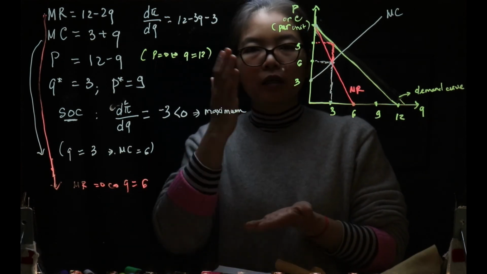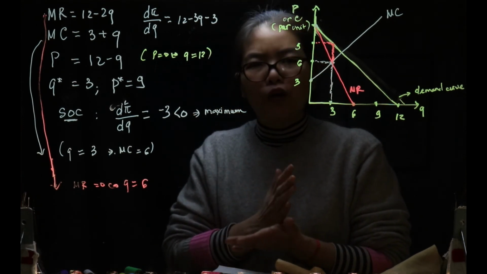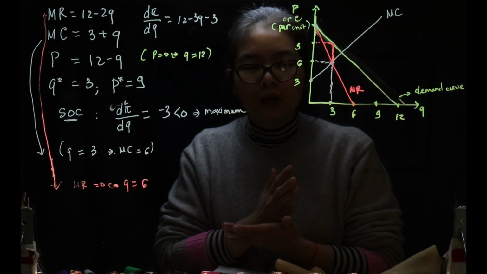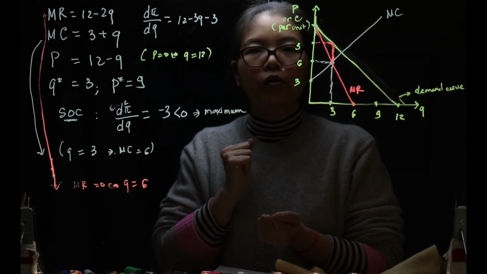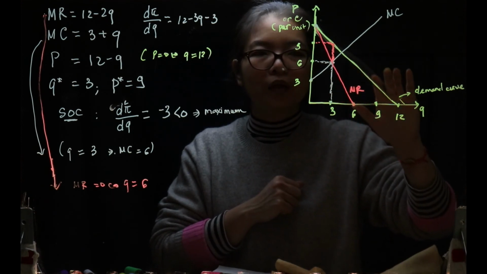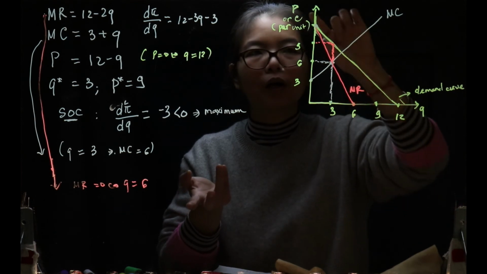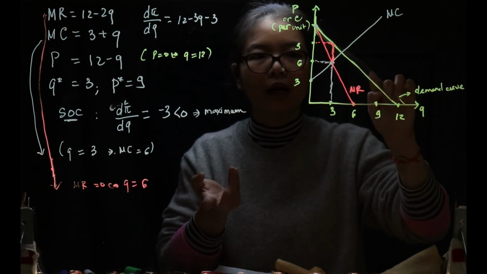The moment the monopolist sells one more or a few more units on the market, it will have to reduce the market price because the demand is sloping downward. Consumers are willing to buy more only when the market price decreases.